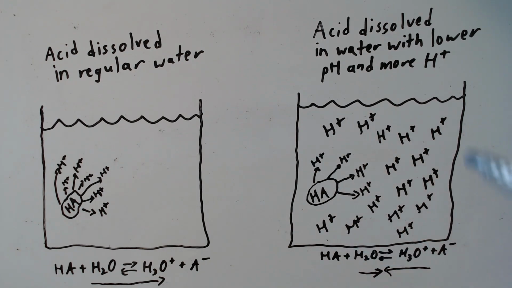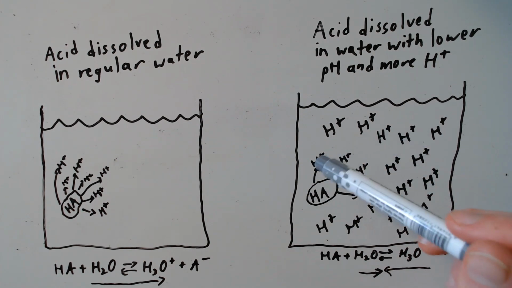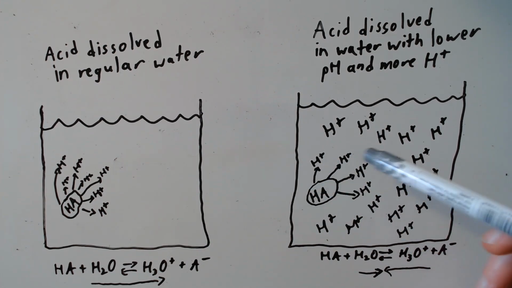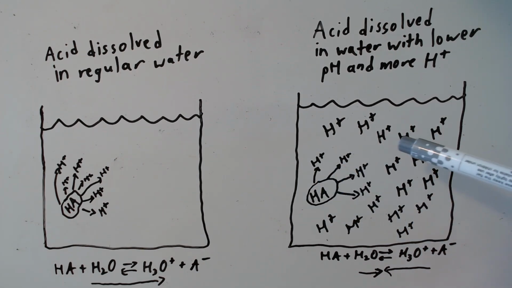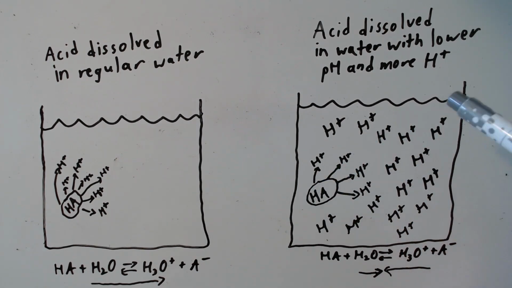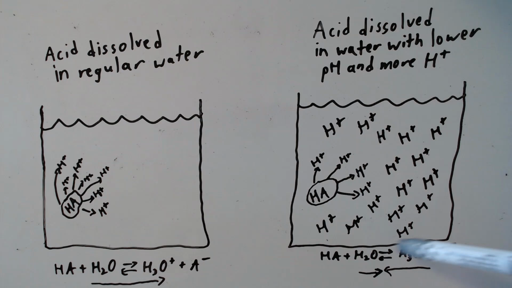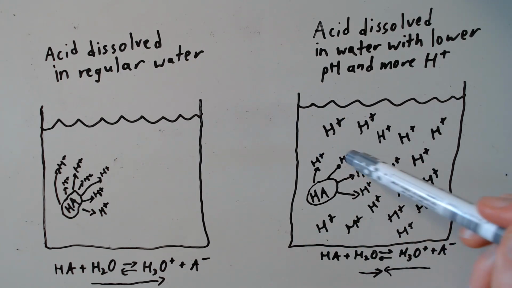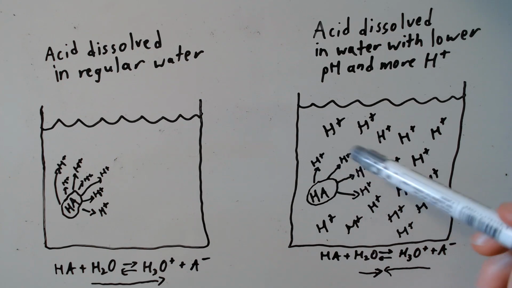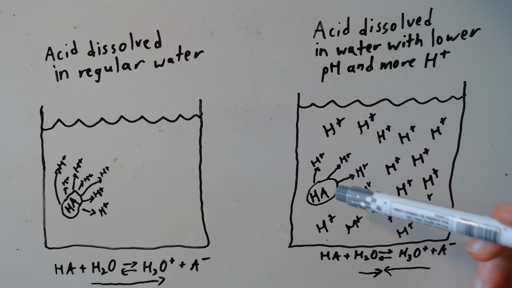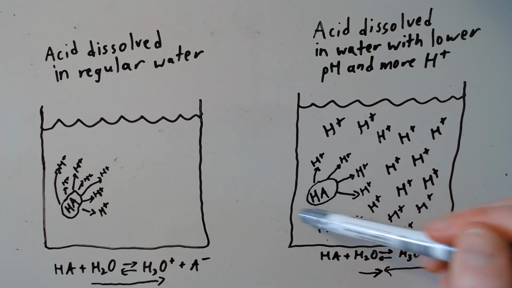If there is already a common ion in the solution that is the same as the ion that the acid releases, then when the acid dissociates, it has a more difficult time giving away its ions, because there are already a lot of the same ions crowding up the solution, not allowing so many of these new ions of the same type to get added. And that is the common ion effect, and it reduces the dissociation of this acid in solution.